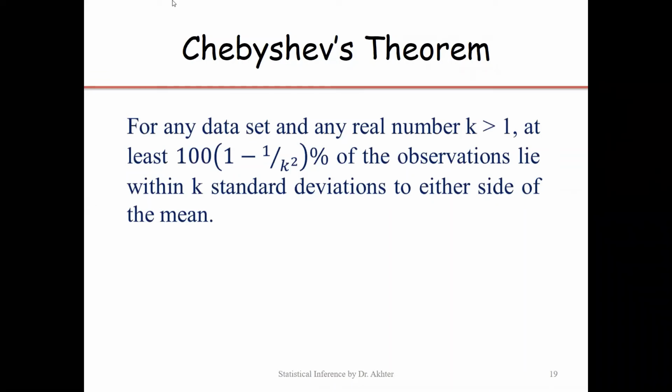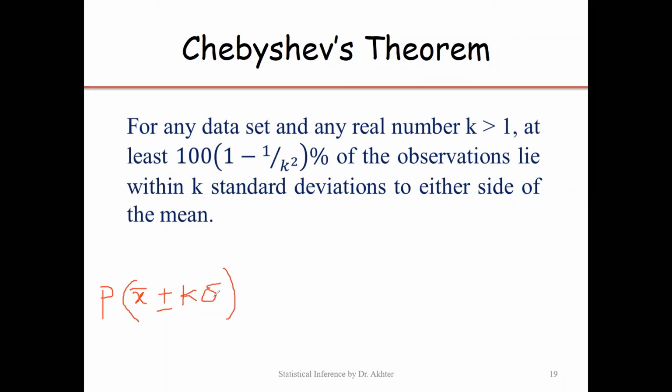Suppose we are interested in computing the probability of x within x bar plus or minus k sigma. This has probability at least, meaning greater than or equal to, 1 minus 1 upon k square.